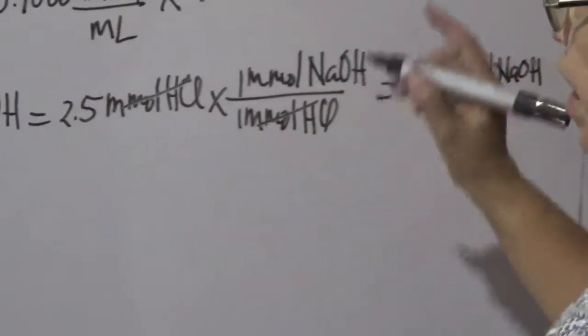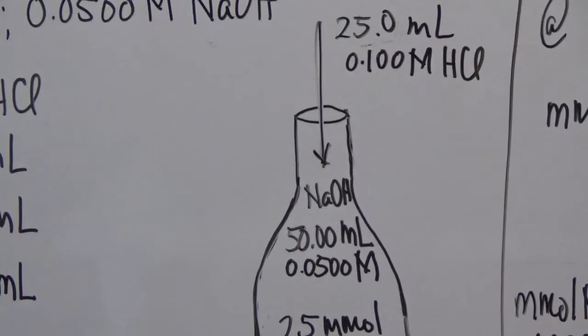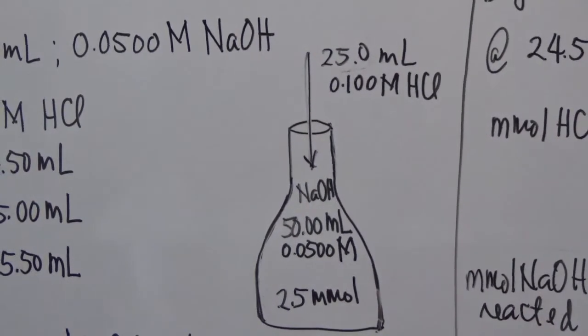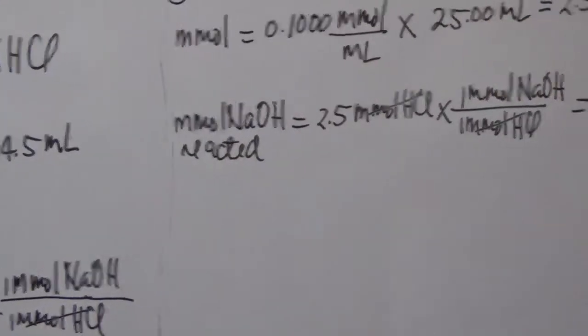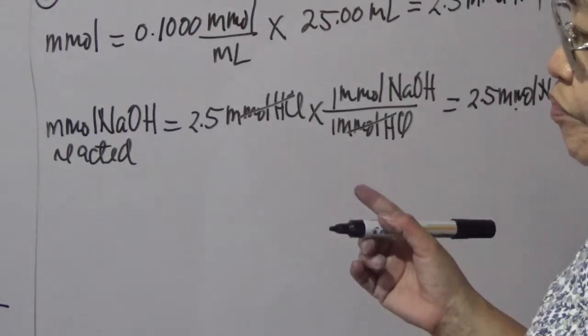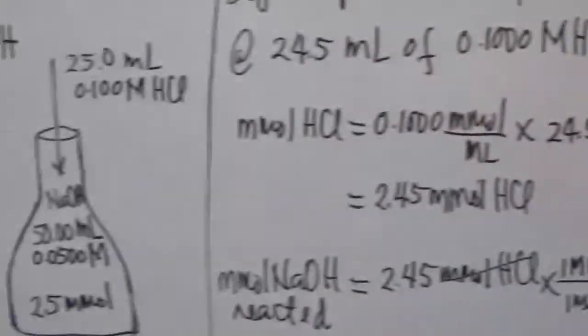Initially, before the addition of hydrochloric acid, the amount of sodium hydroxide inside the flask is 2.5 millimole. The amount that reacted with 25 ml of hydrochloric acid is 2.5 millimole of sodium hydroxide. So therefore, there will be no more sodium hydroxide.